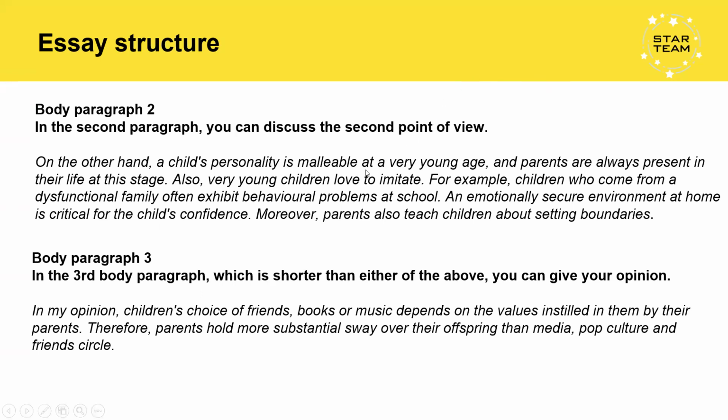Also, very young children love to imitate. So, imitate means they try to repeat all the actions their parents do, yes? For example, children who come from a dysfunctional family often exhibit behavioral problems at school. An emotionally secure environment at home is critical for the child's confidence. Moreover, parents also teach children about setting boundaries.